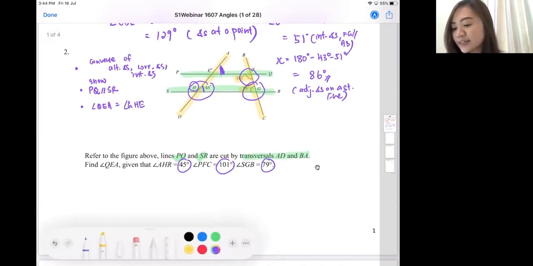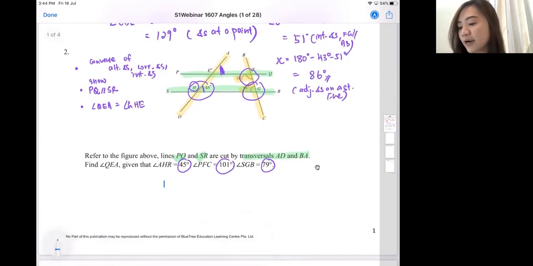So this is a special relationship that we can use to help us prove that the two lines PQ and SR are parallel. Before this, we need to write down first that 101 plus 79 gave us 180.